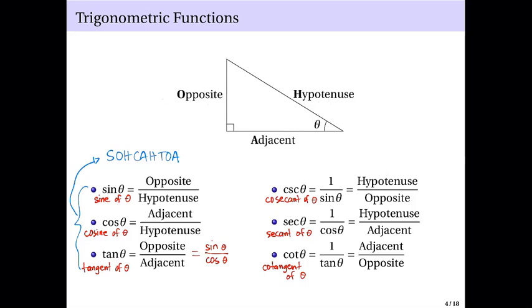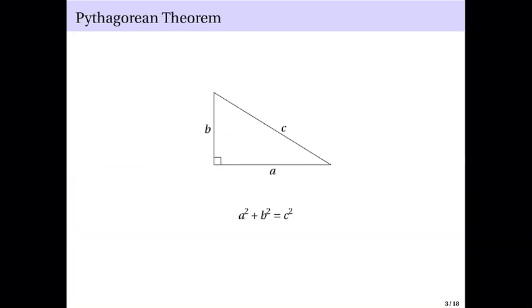And therefore, if we have a right triangle, I might ask you to find the values of the 6 trigonometric functions if a theta is given and another side is given, or if two sides are given and you have to find the value of some theta, etc. Or I might ask you to find the other sides.